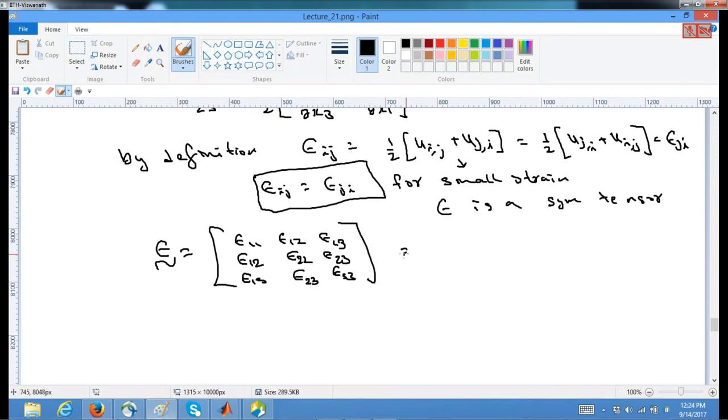Or people generally write it as epsilon 1 1, 1 2, 1 3, 2 2 in this notation, right? Now this doesn't say that the stresses are symmetric.